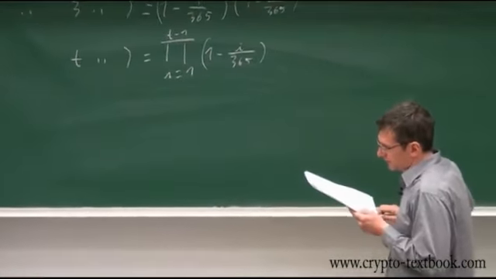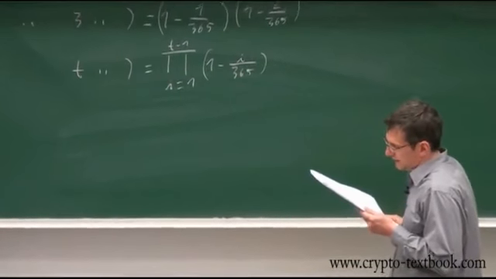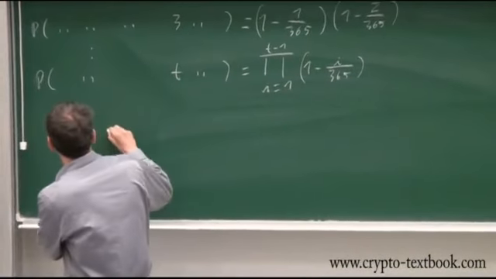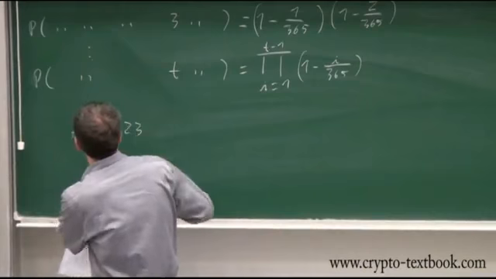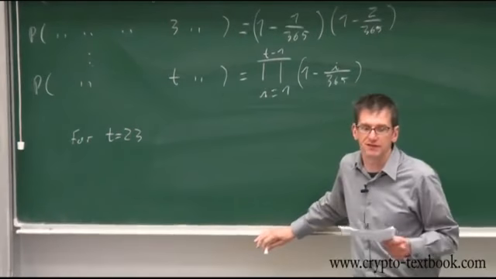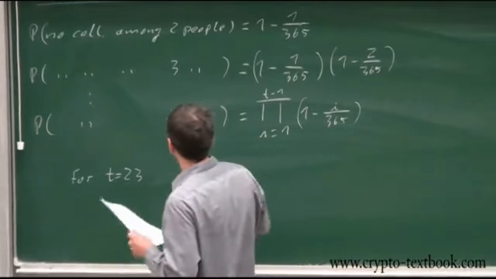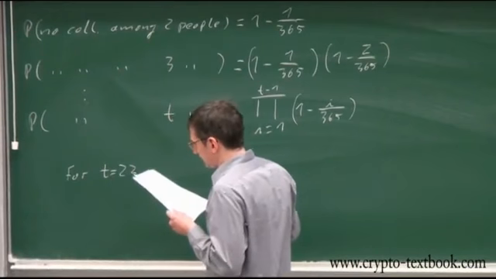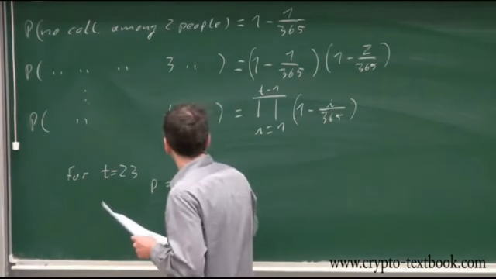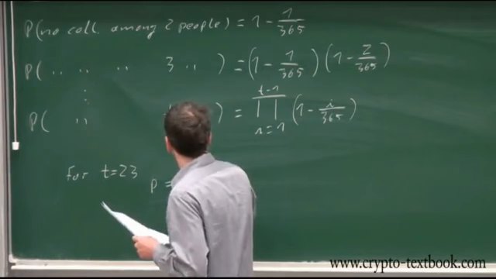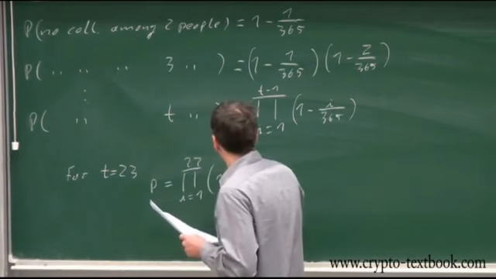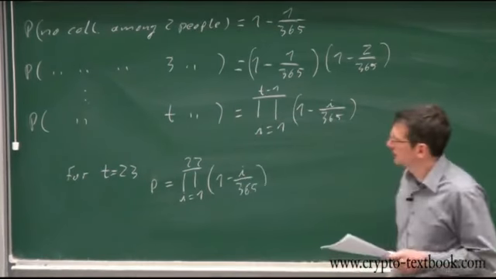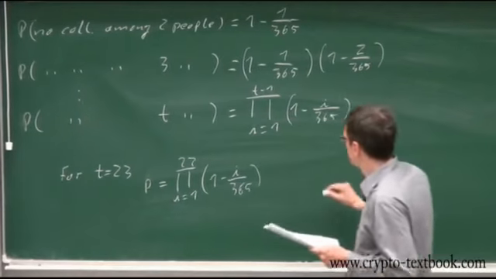So it turns out for t equals 23, so that means if you have 23 people in the room, we get the product symbol running from 1 to 22.